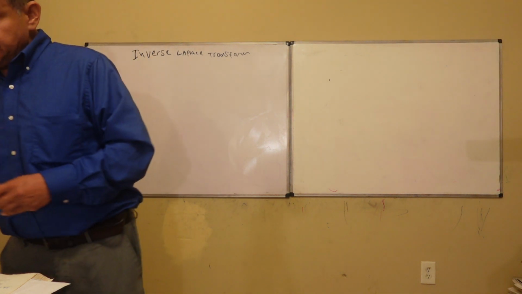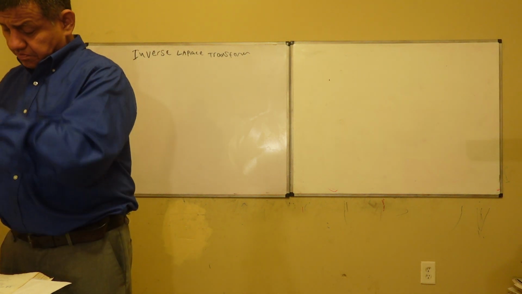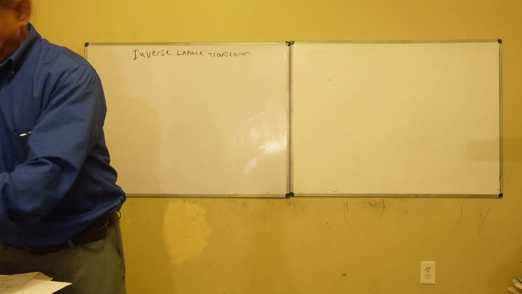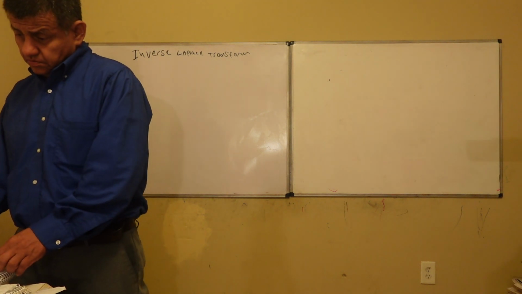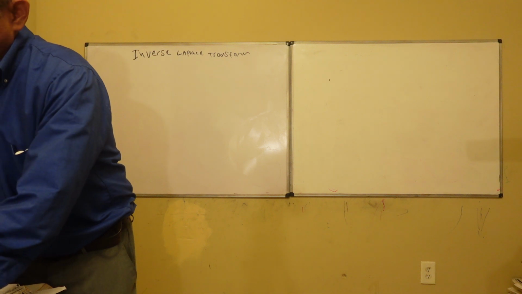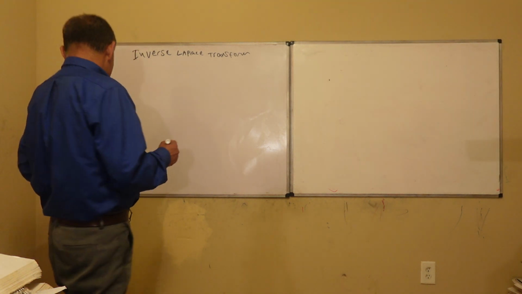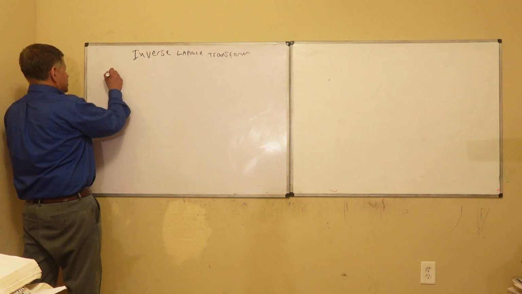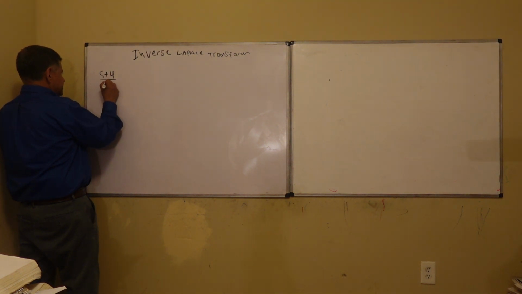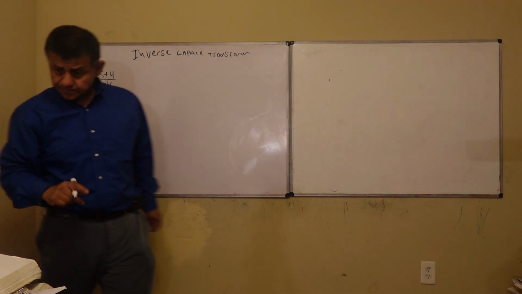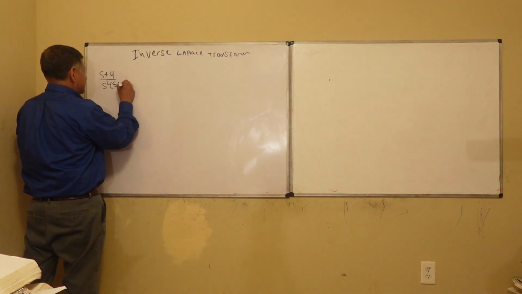So let's do a problem. The problem that we're doing is this: s plus 4 over s squared times s plus 5, right?